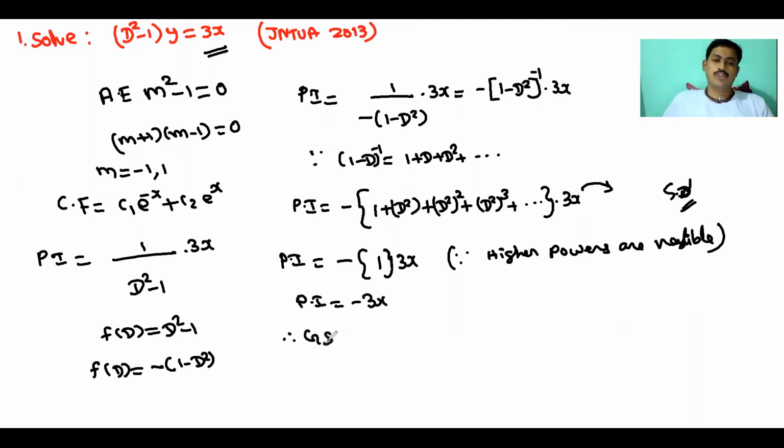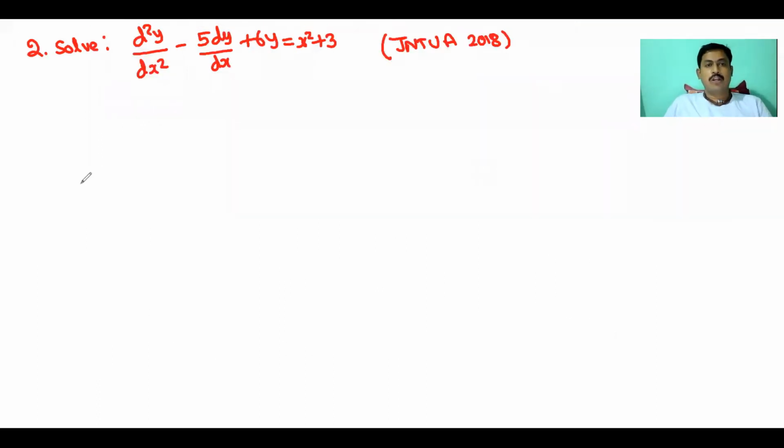Our general solution is y equals c1 e power minus x plus c2 e power x minus 3x, which is the required answer. Next, D square y by dx square minus 5 dy by dx plus 6y equals x square plus 3.